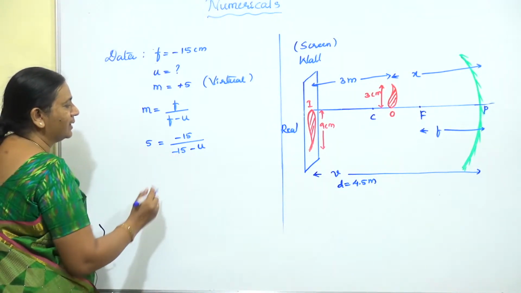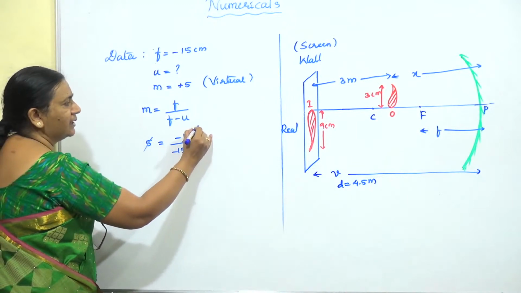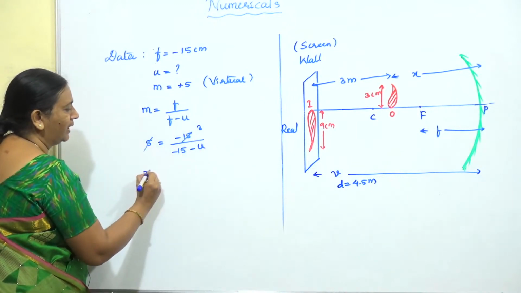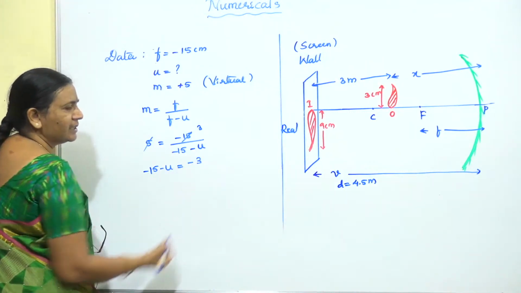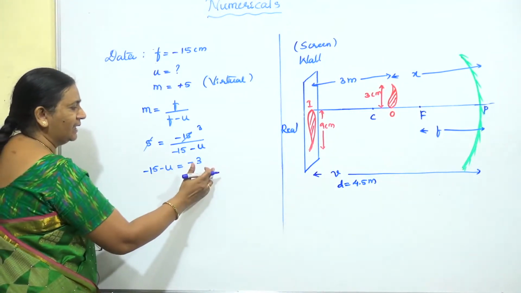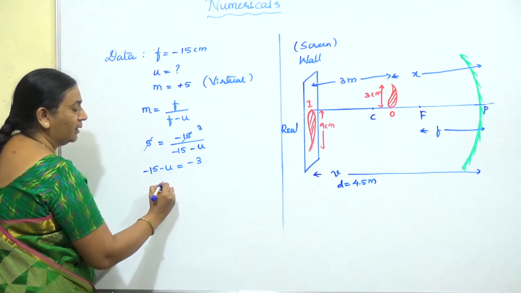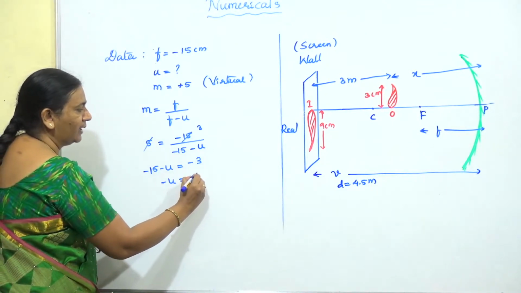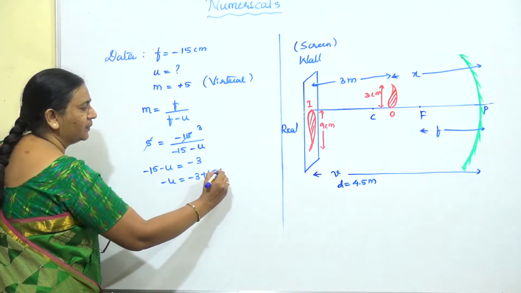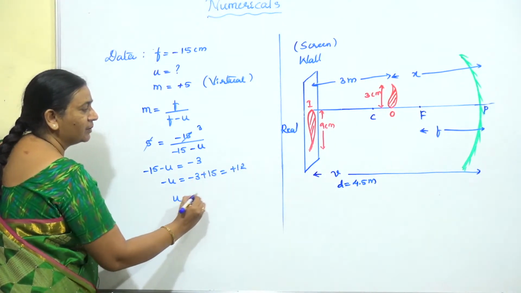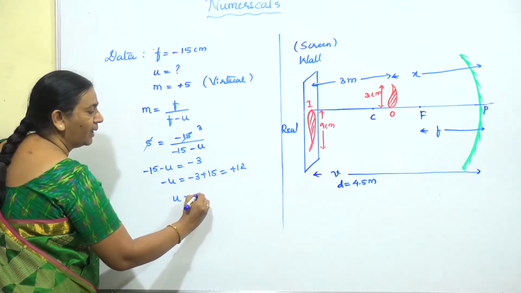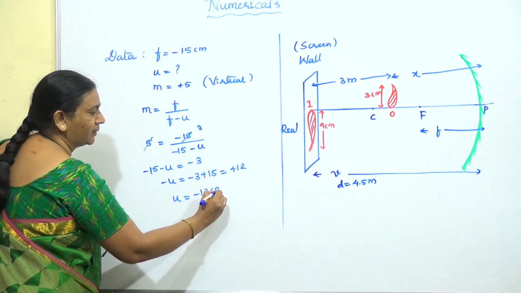So what does this become then? This 3 goes up. So carry on: minus 15 minus u equal to minus 3. Or if I take it this side, it becomes minus u equal to minus 3 plus 15, which is plus 12, or u became how much? u became minus 12 centimeter.